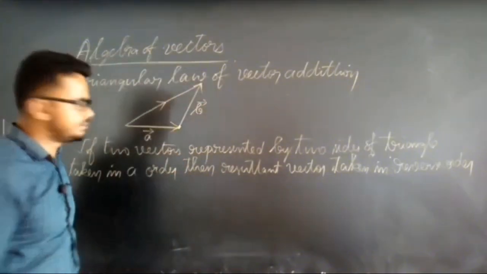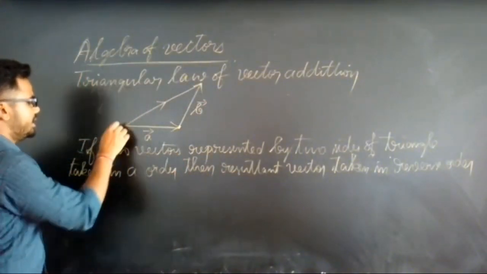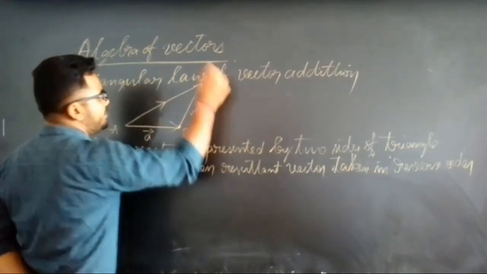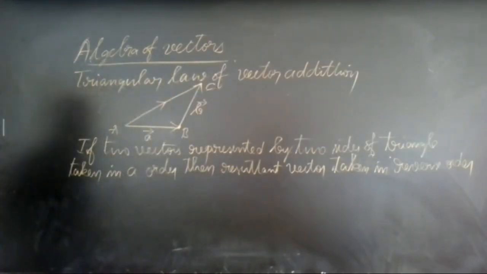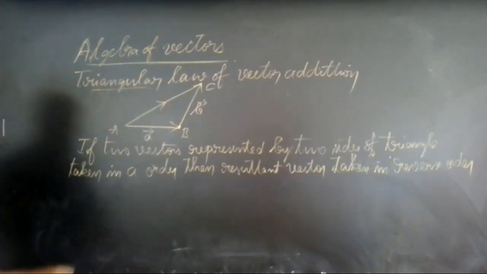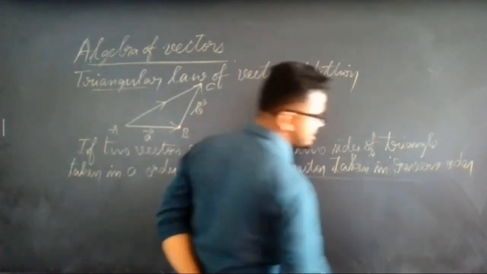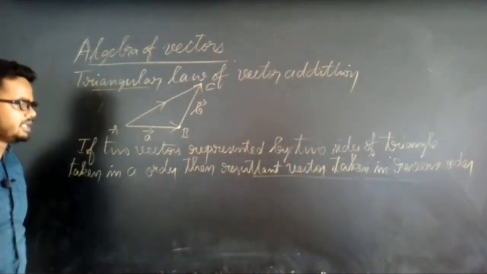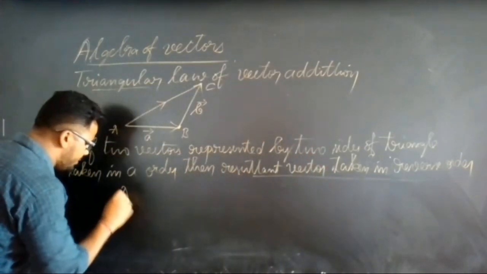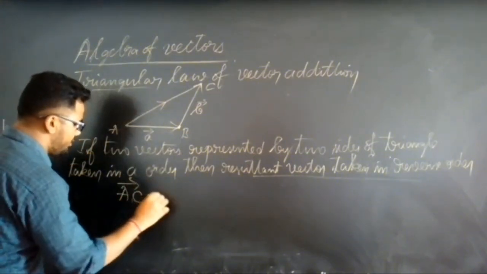That means we shall consider triangle ABC. In ABC, what I can write here is the triangular law of addition. Here, in the triangle, the resultant will be taken in the reverse order, we said. Now we shall write like AB, or else we shall take vector AC.